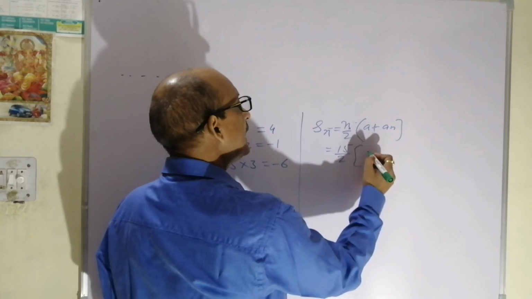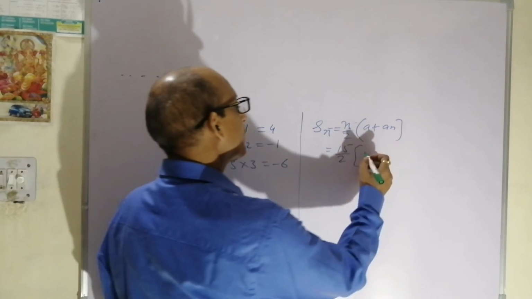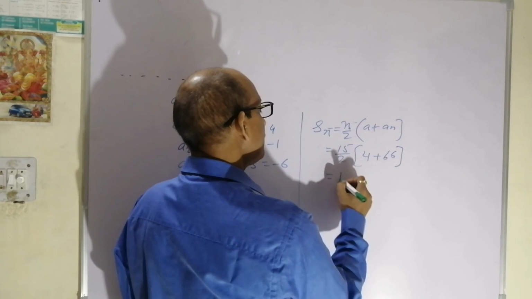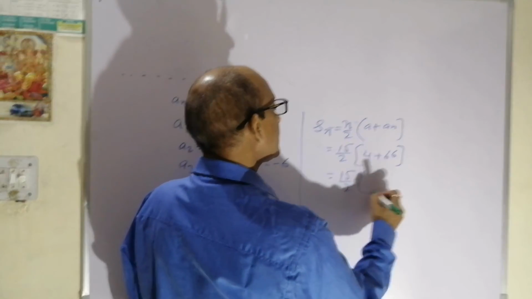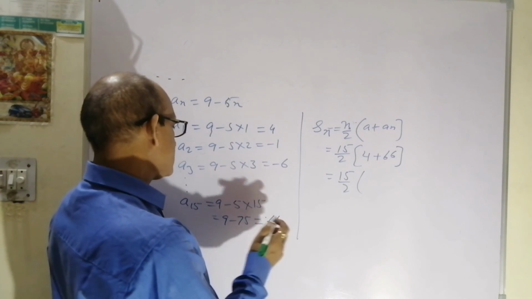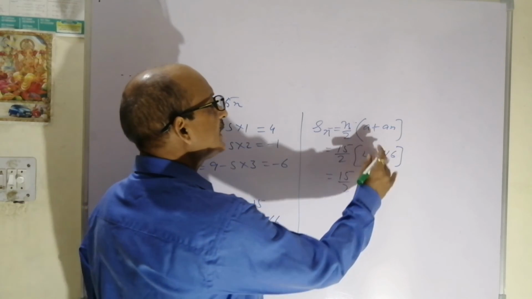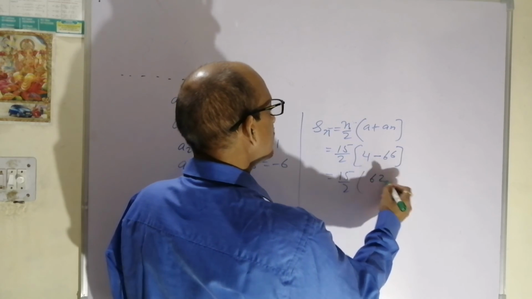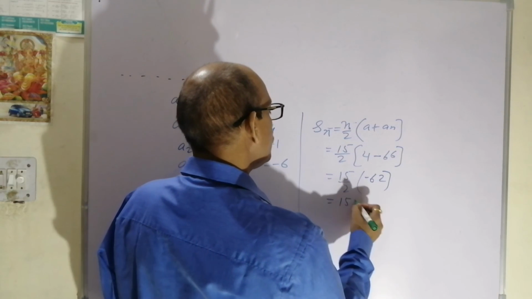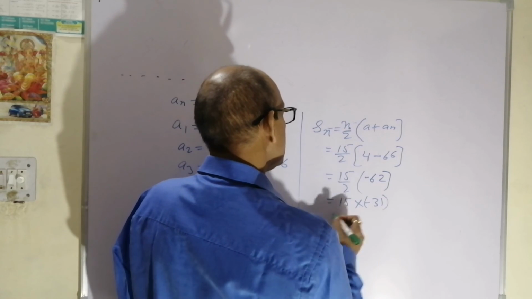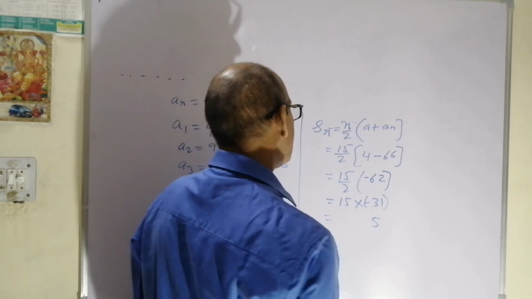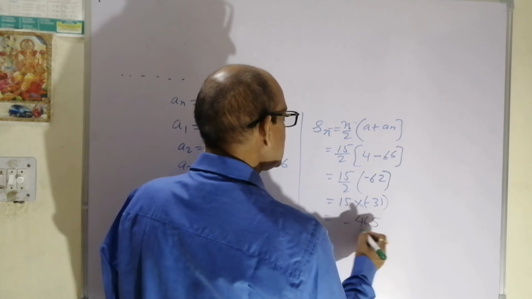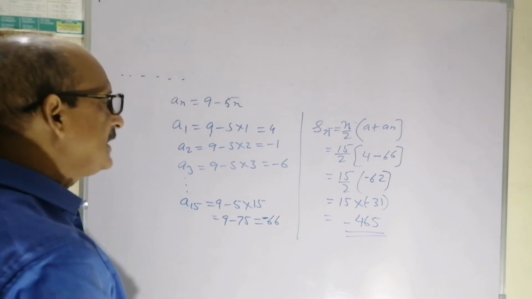So 15 upon 2, a is 4, plus an is minus 66. So we have to write here minus 66. That will become minus 62. So we'll get 15 into minus 31. Multiply this: 15 ones are 15, 15 threes are 45, so minus 465 will be the sum of its 15 terms.